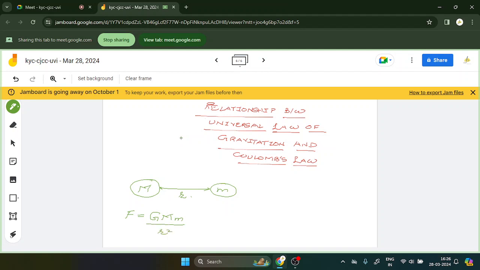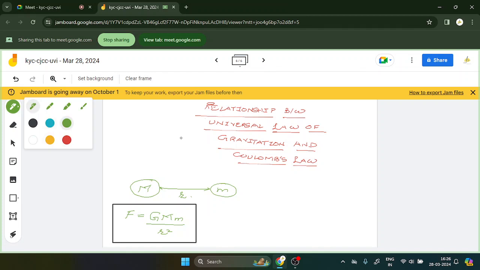I'm writing here, this is the formula for the force acting between the two masses in the universal law of gravitation.